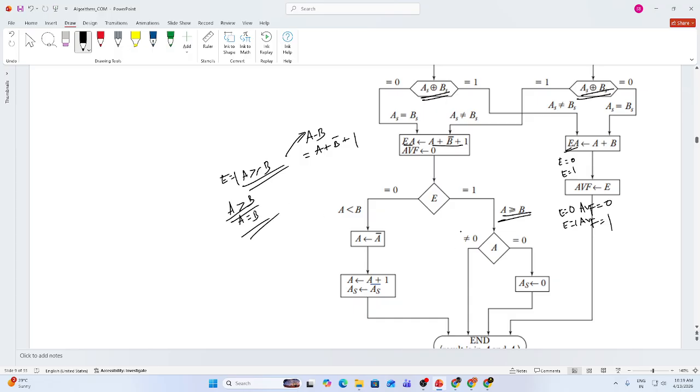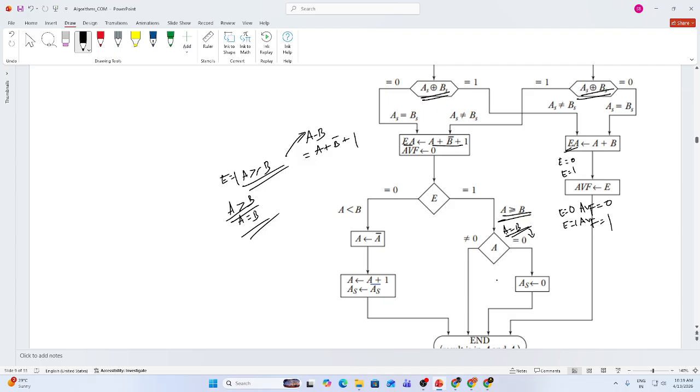So I check for A. If A is equal to B, the result will be 0. What I told is, if the result is 0, I need to ensure that I get a positive sign.